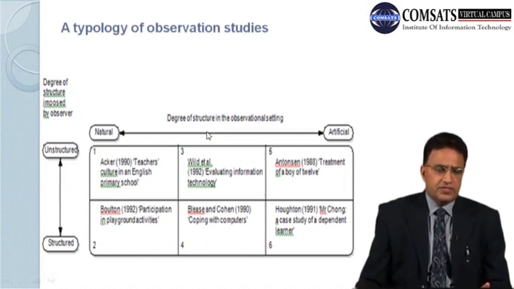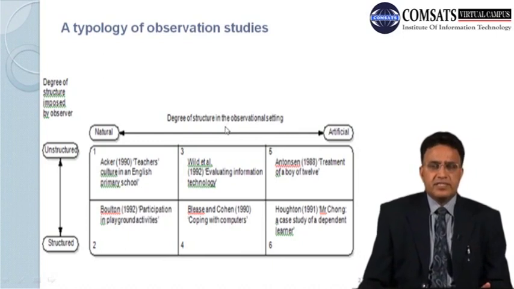You can see the degree of structure imposed by the observer is a criterion on the one hand, with unstructured and structured types of information, and on the other you have the natural setting, and at the other extreme the artificial one. So the degree of structure in the observational setting will determine the type of observation or the study.